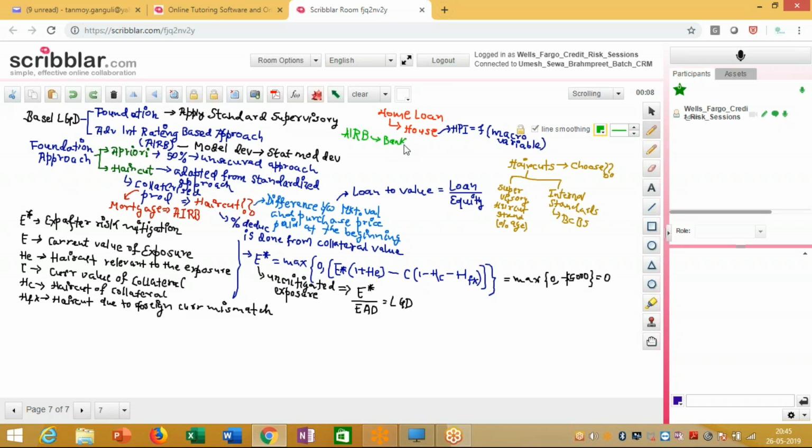So banks can develop their models internally using statistical methods.